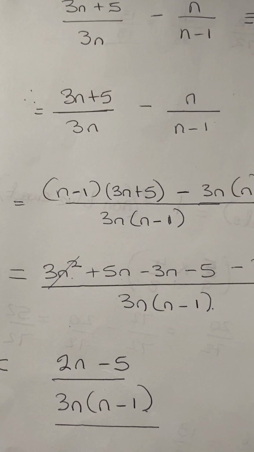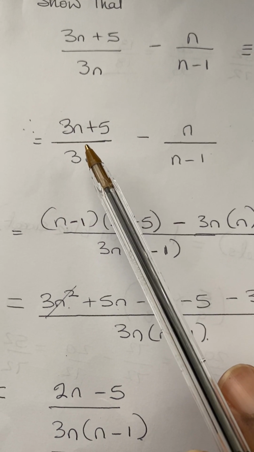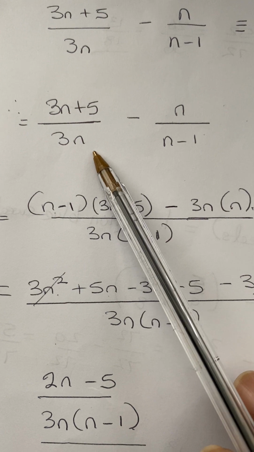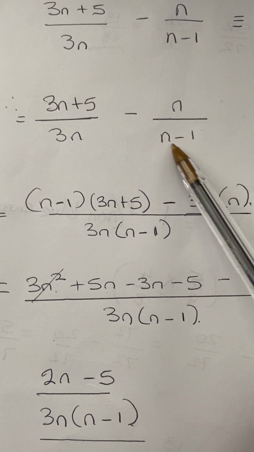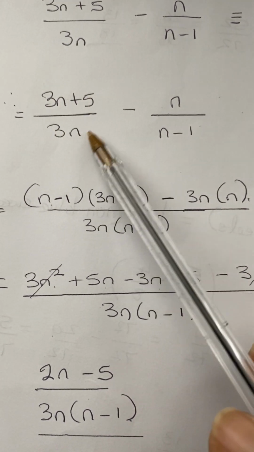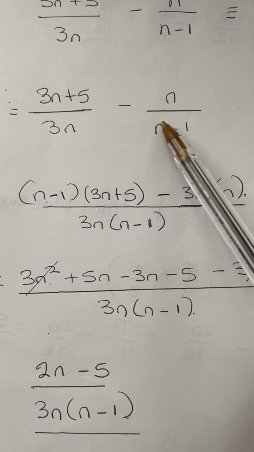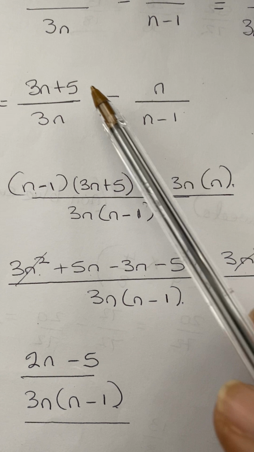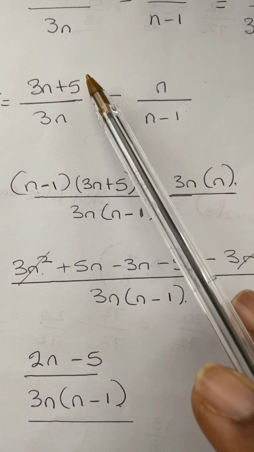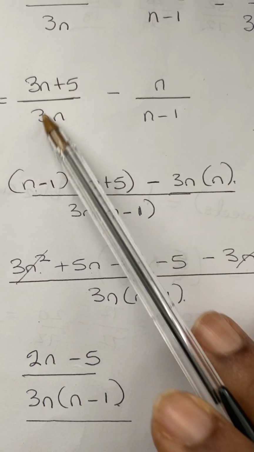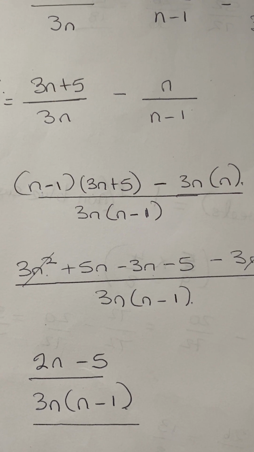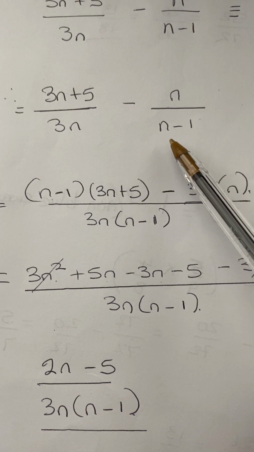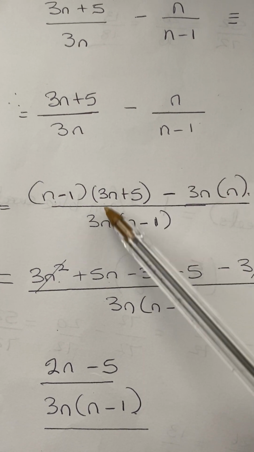Okay, so now look at it. 3n plus 5 over 3n minus n minus 1. So I'm going to treat them like they are fractions, a numerator and a denominator. Just in this case, it includes a variable. Okay, now 3n and n minus 1.